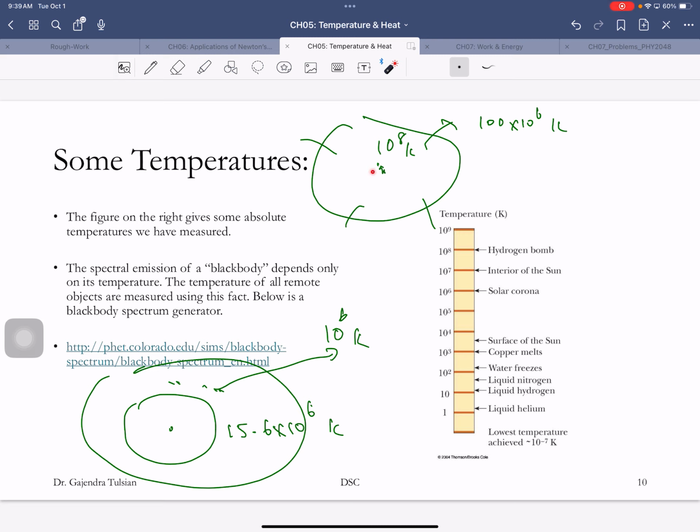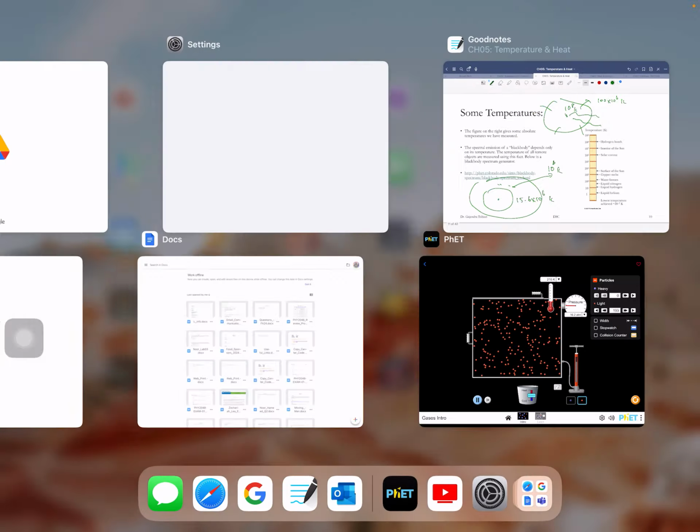And we talked about how you measure the temperature of such an object. Remember, nobody puts a finger in the middle of an explosion. So how do you measure this temperature? What you do is you look at the radiation coming from the explosion. And we saw the black body curve, which is a very important curve.